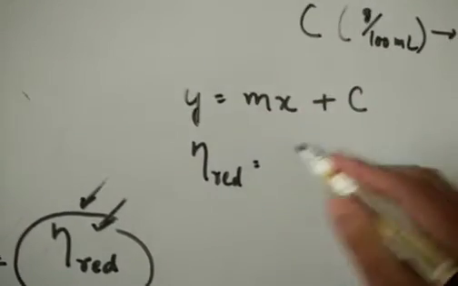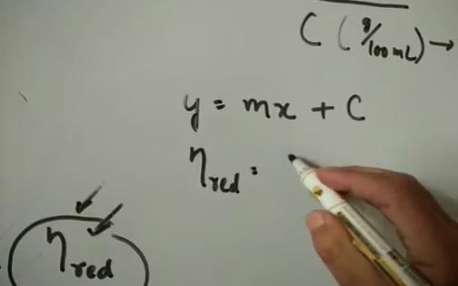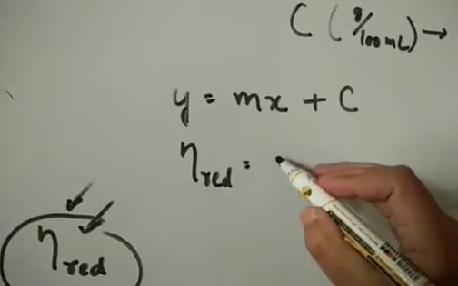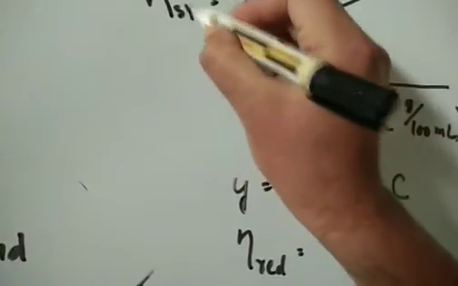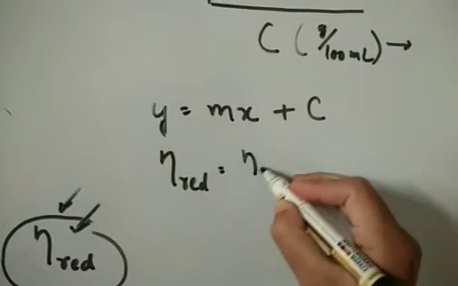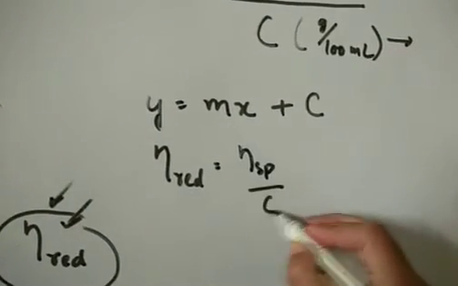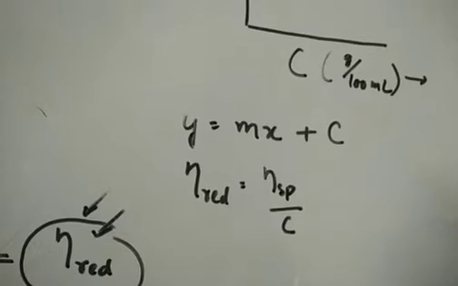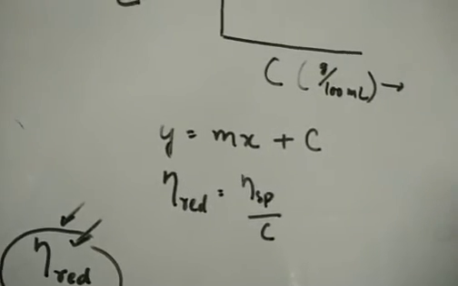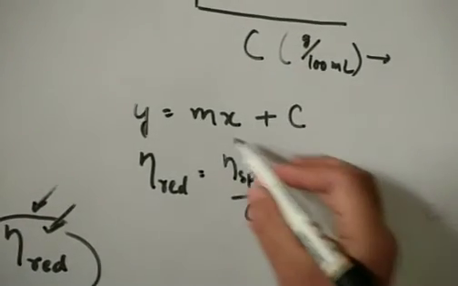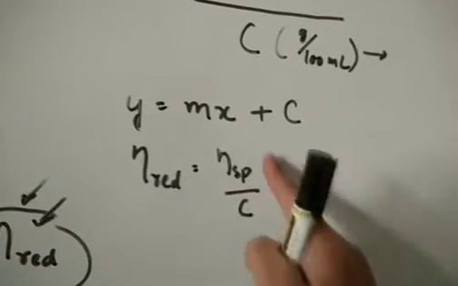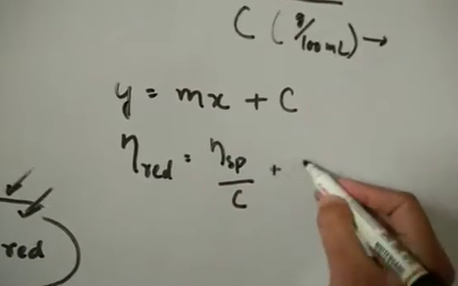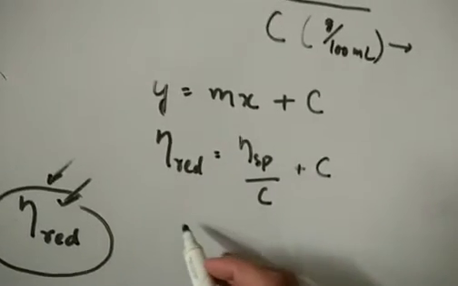That slope is basically specific viscosity by concentration, because reduced viscosity is specific viscosity by concentration. So that is your mx plus c, where x is 1 by c, plus c. So this is your equation of the straight line.